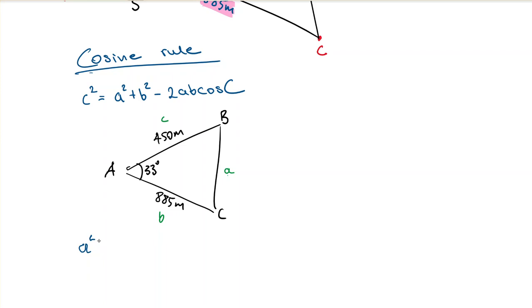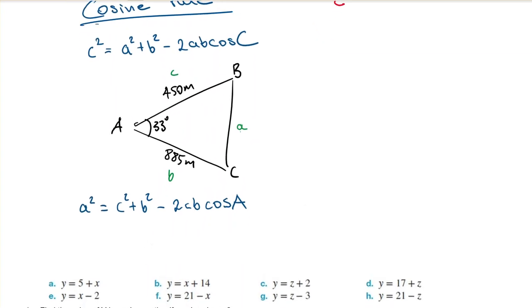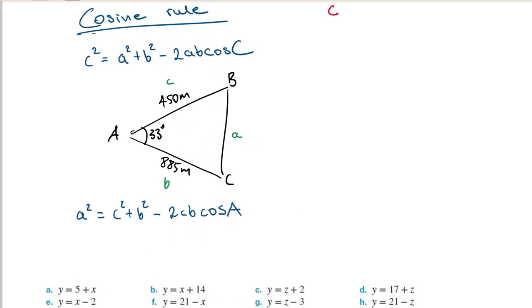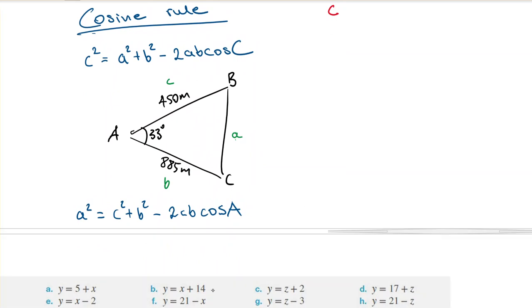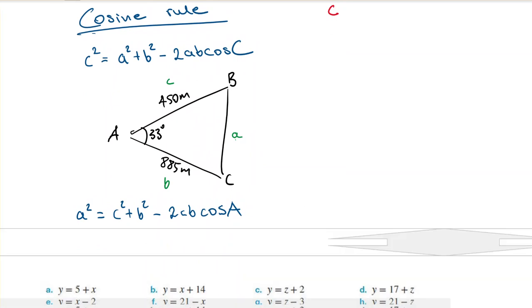A squared is equal to C squared plus B squared. So wherever I have C, I've replaced A, and where is A, I've put C, minus 2CB cos A. So I've made my cosine rule fit my labeling on my triangle, and I can now look for A.